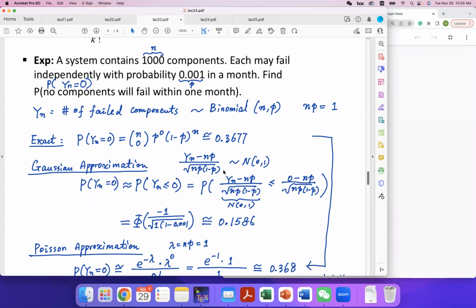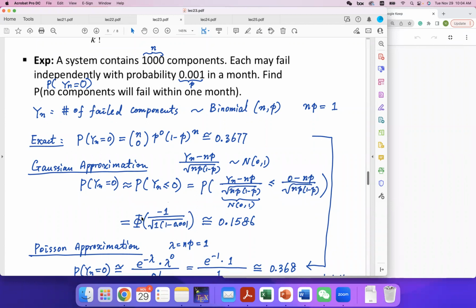In the Gaussian approximation, we view this as a standard Gaussian random variable. So this entire probability can be calculated using the Phi function, the CDF of the standard Gaussian random variable. And it turns out that if you plug in n and p on the right-hand side, it gives this value.